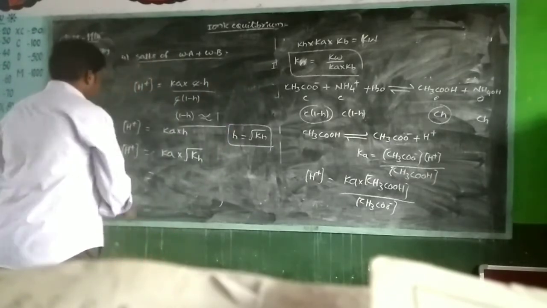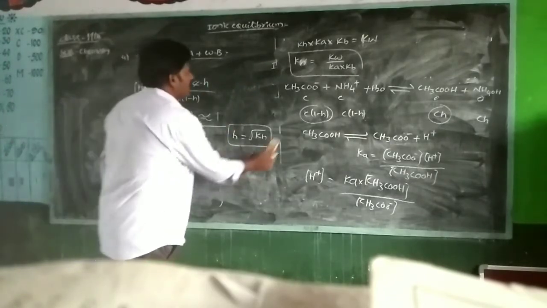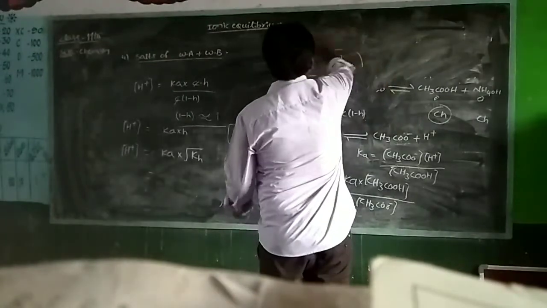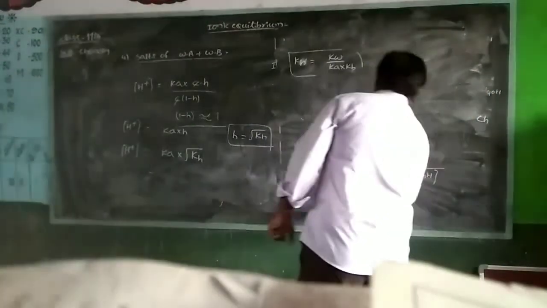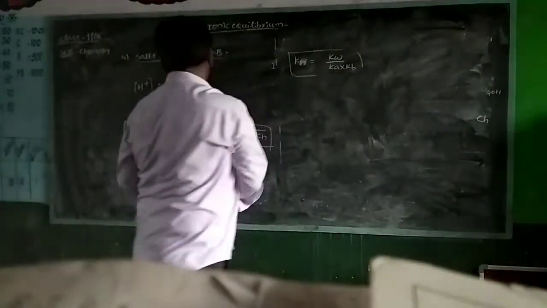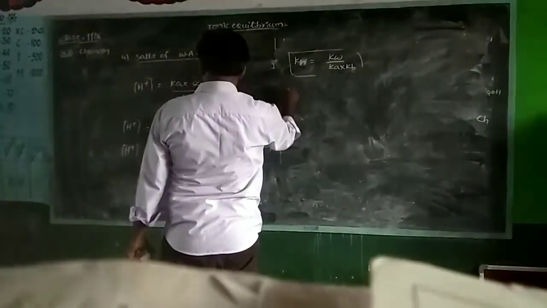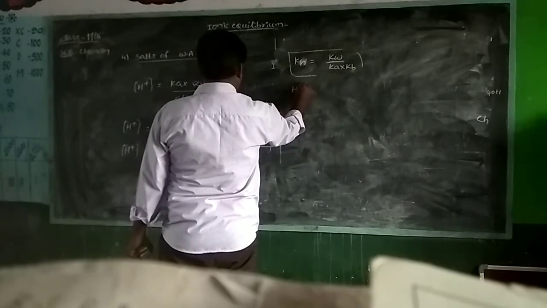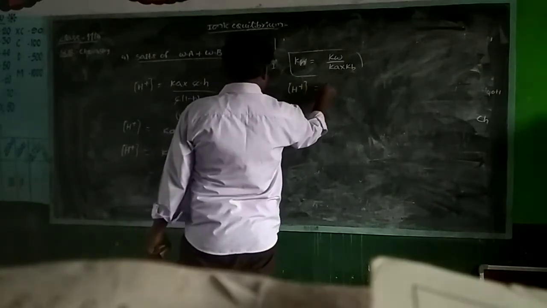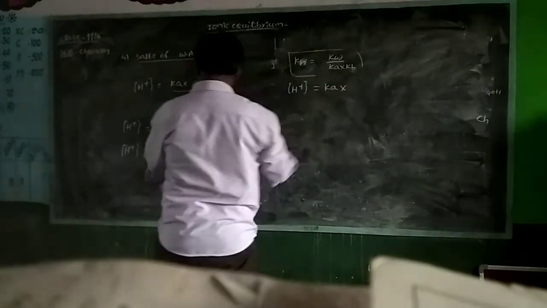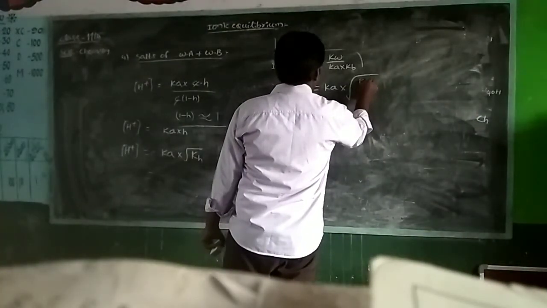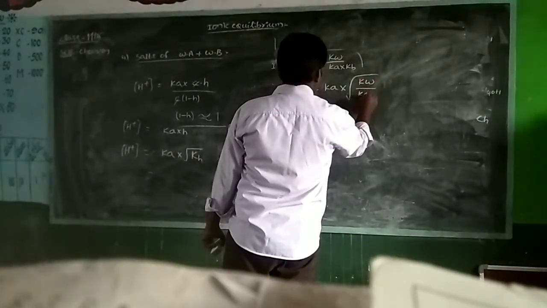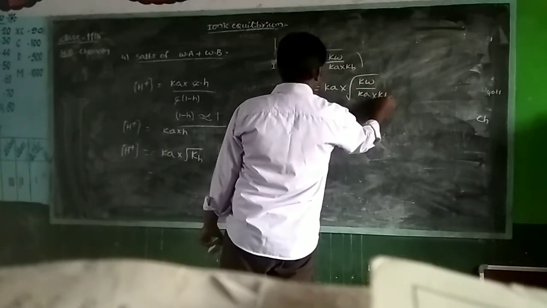Kh is already given: Kh is equal to Kw by Ka into Kb. So H plus concentration is equal to Ka into root of Kw by Ka into Kb.